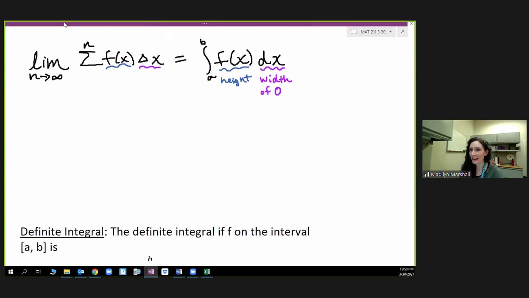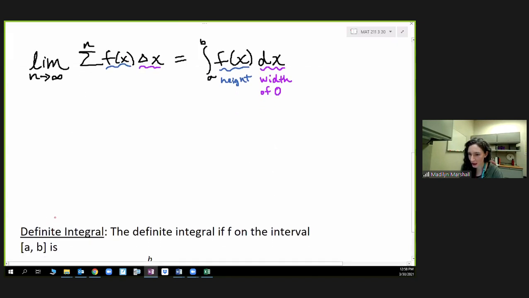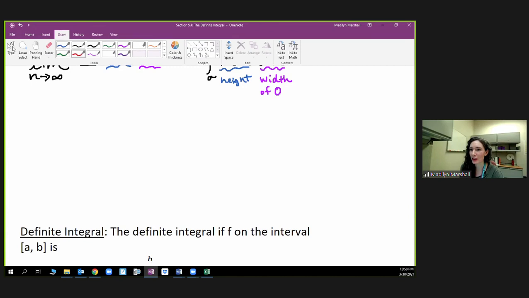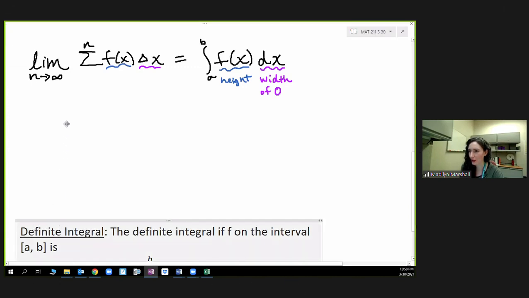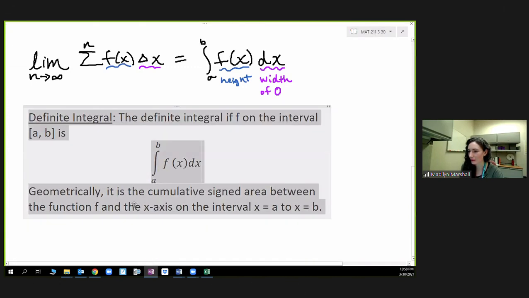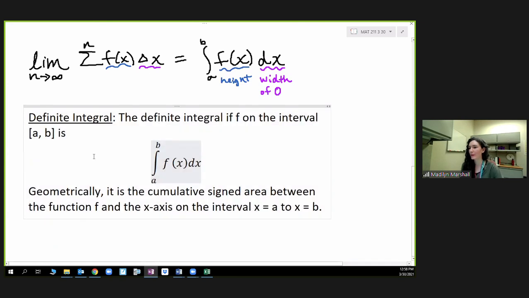So the moment we've been waiting for is the actual definition of a definite integral. Is this.